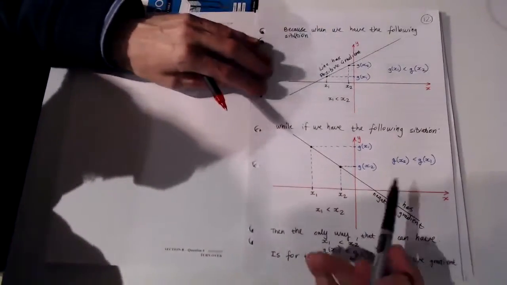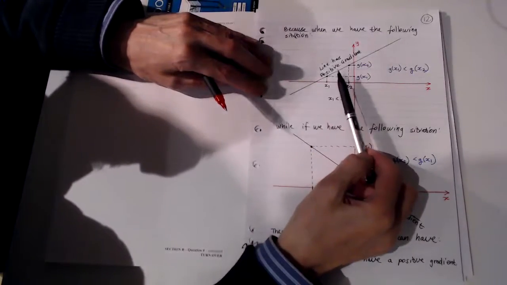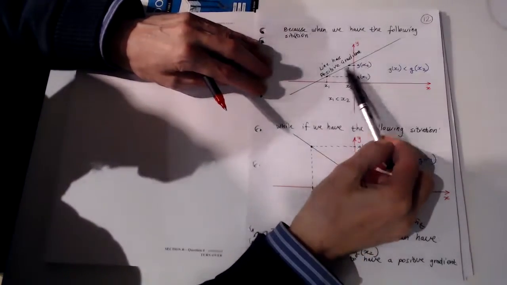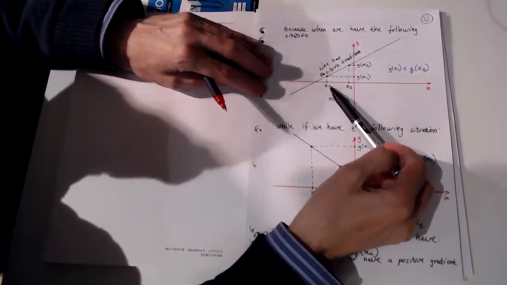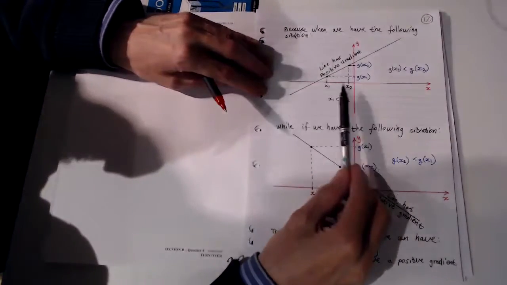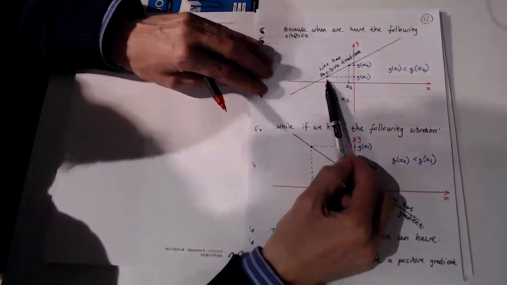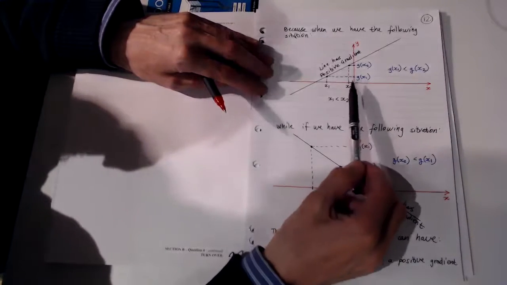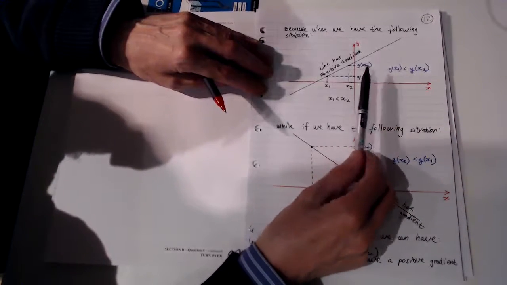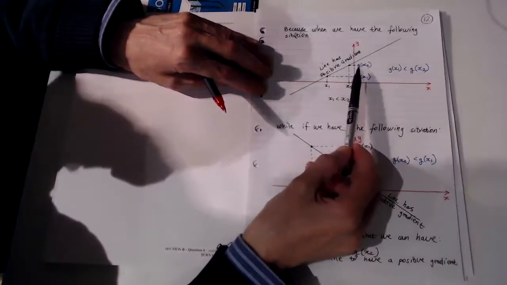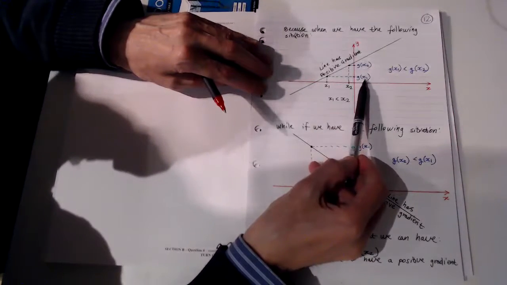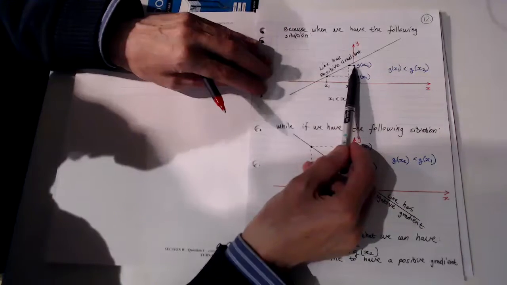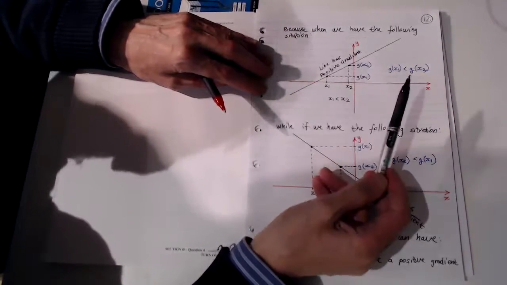Now, just to clarify this important point: when you have a line that goes up, it has a positive gradient. If that's x1 and that's x2, then that's the corresponding g(x1) and that's the corresponding g(x2), and in such a situation g(x1) will always be less than g(x2), because the line has a positive gradient.